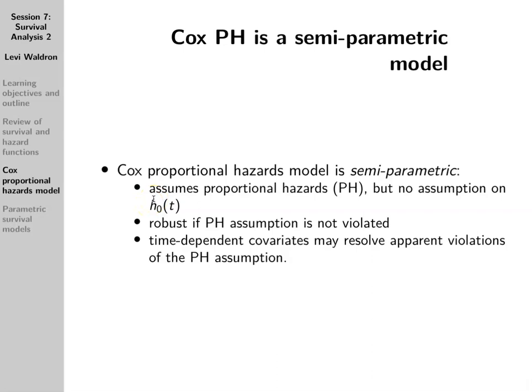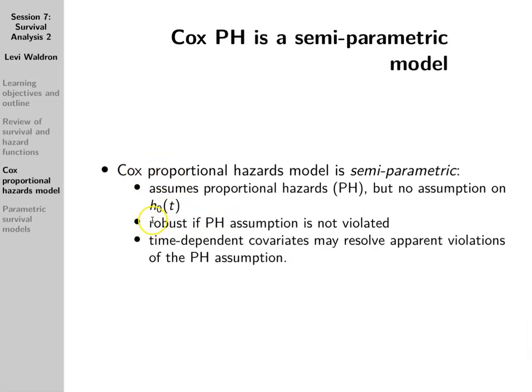Recall from the first session, we saw that what really mattered was the order in which events or censoring happen. So for the very last one, it doesn't matter if it happens at 50 weeks or 500 weeks, it's only the order, and there's no assumption on the actual shape of this H0, the baseline hazard.